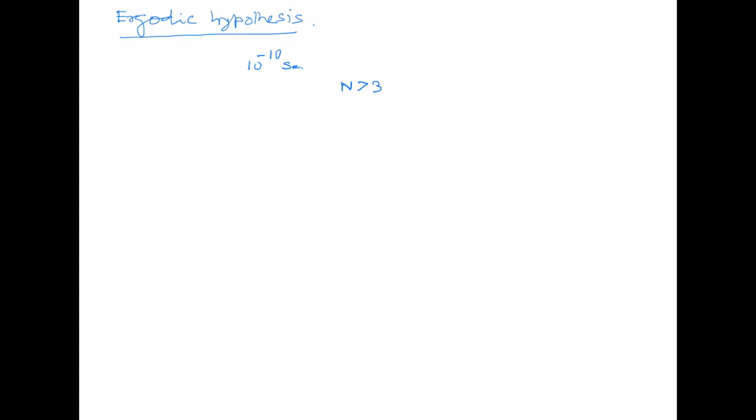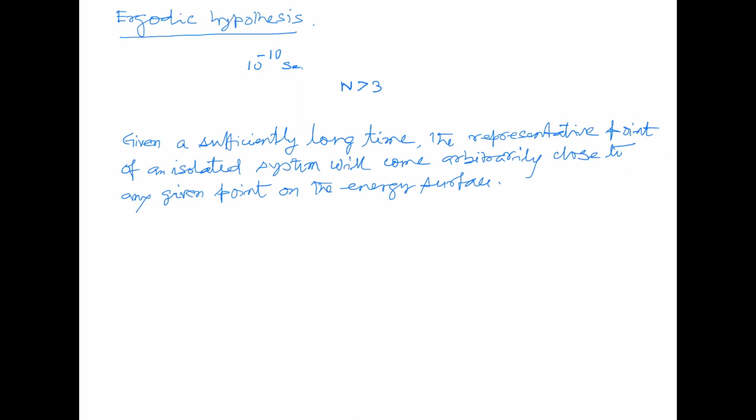More precisely, one can prove the following for certain artificial systems: given a sufficiently long time, the representative point of an isolated system will come arbitrarily close to any given point on the energy surface.